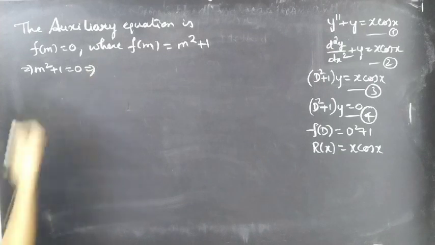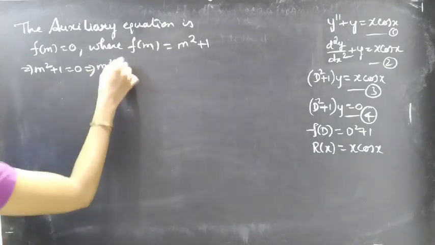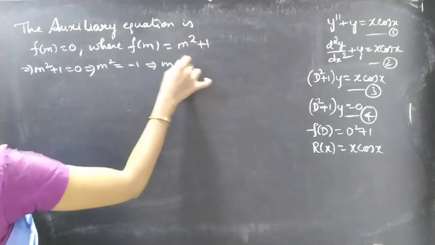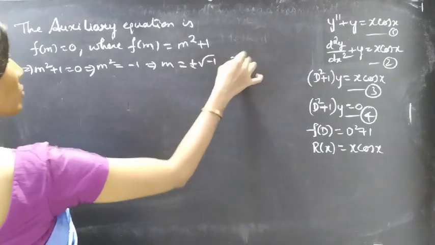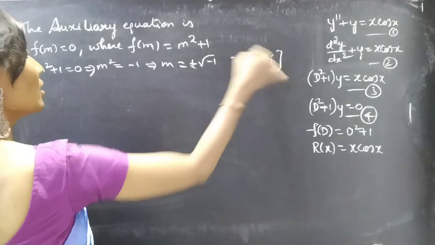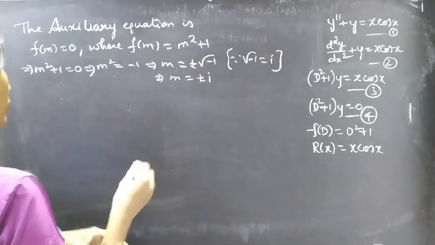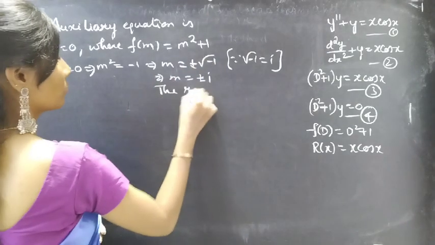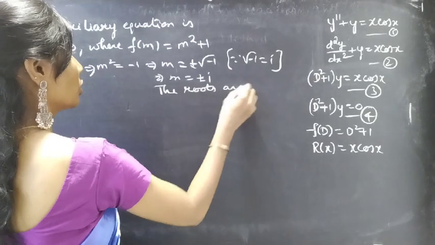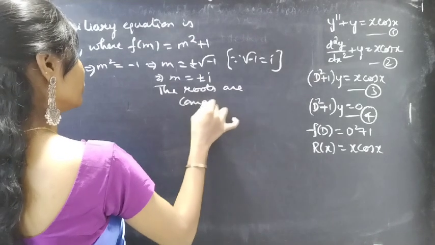Now we need to find roots of this equation. We'll get m square equals minus 1. From this we get m equal to plus or minus square root of minus 1. Since square root of minus 1 is i, we get m equal to plus or minus i. The roots are complex conjugates.